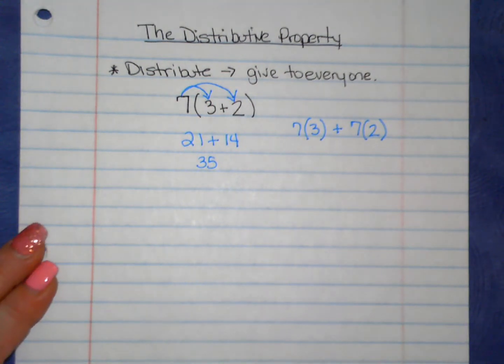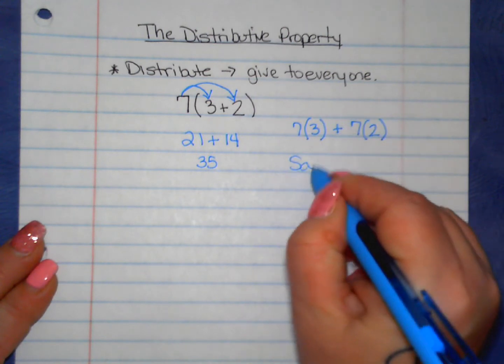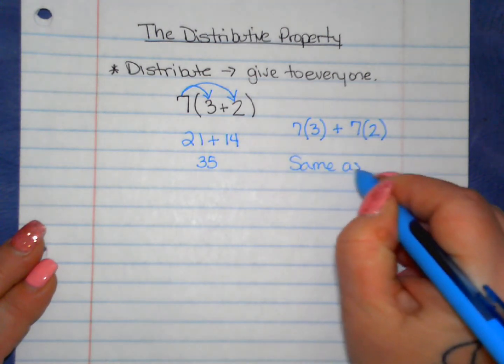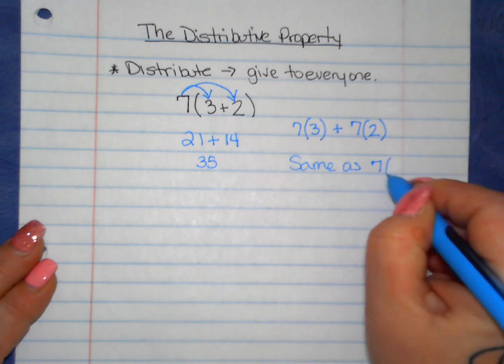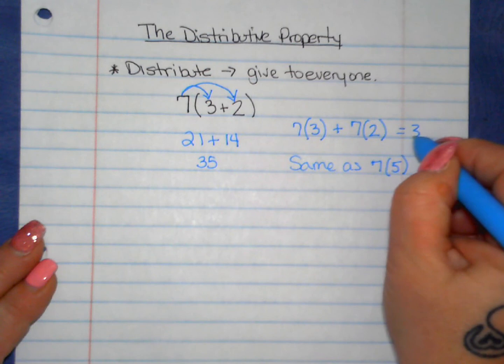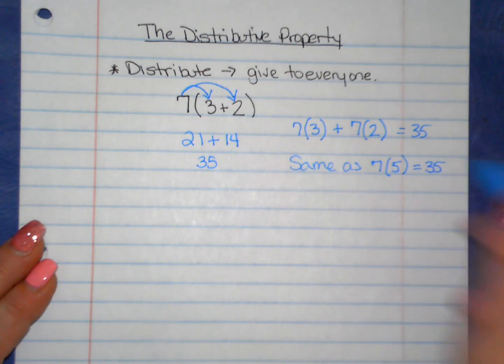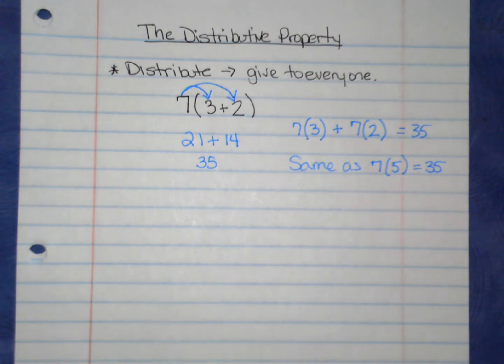All right, so remember, it's the same as doing 7 times 5. This equals 35, and this equals 35. Okay, so there's no difference. It's just an easy shortcut for doing smaller math when we have big expressions, okay?